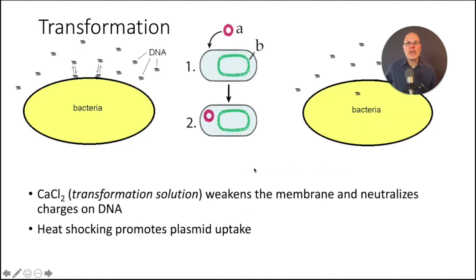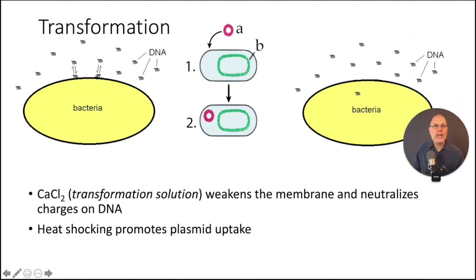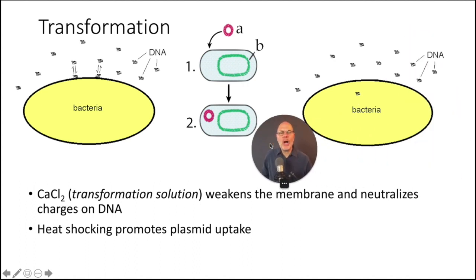And let's take another look at this. So here we have DNA that's outside a bacterial cell, and it's not going to enter in. Here we have some that has entered in. Why? Well, the reasons are here. What the calcium chloride, the transformation solution, does is it weakens the membrane, and it also neutralizes the charge on the DNA, and that vastly increases the chance that the DNA will be able to enter.